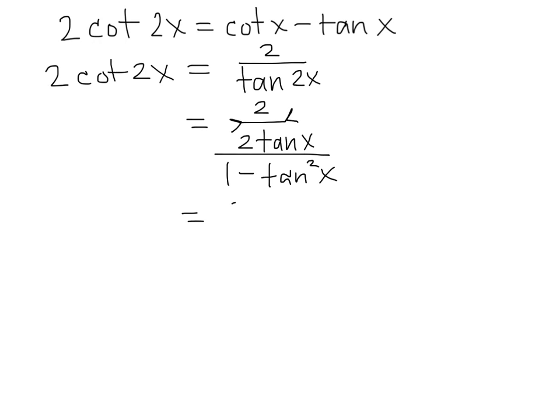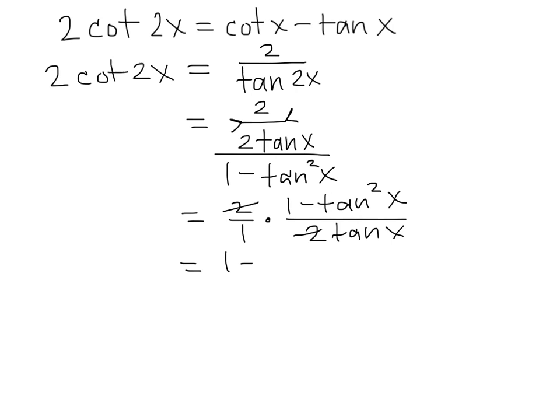So the 2 becomes the fraction 2 over 1, and we multiply by the reciprocal, which is 1 minus tangent squared x over 2 tangent x. You can cross cancel the 2's, and multiplying across you have 1 minus tangent squared x over tangent of x.